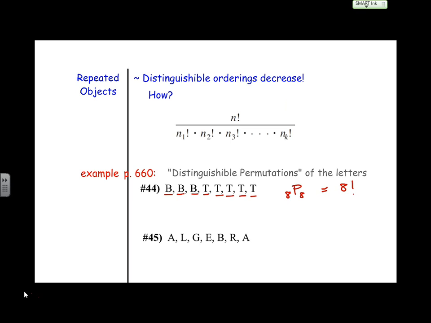The long story short of this little formula up above, which is good and all, but to be honest, I think an example is a bit better for knowing how to deal with repeated objects that we're trying to arrange.